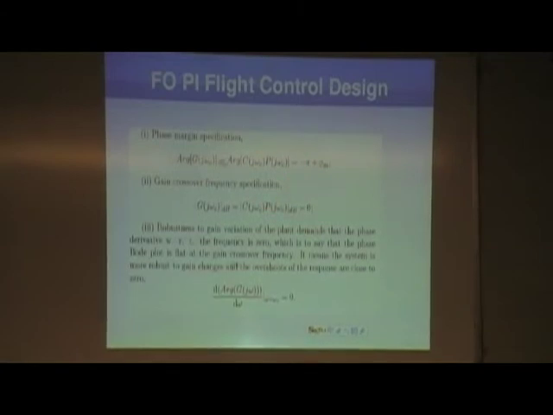Also, for robustness, we ask the phase angle to be flat close to the cutoff frequency, which introduces a lot of robustness. But given these 3 requirements, we cannot always find a solution for integer order PID control. But for fractional order PID control, we can always find the solution. So that's an advantage we have.